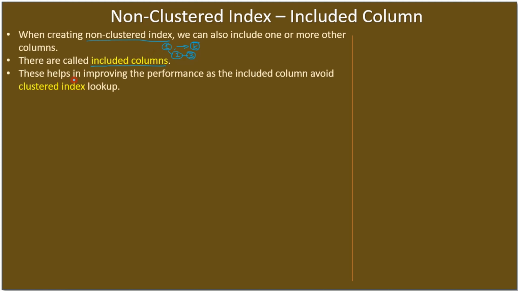This included column helps in improving the performance, as the included column avoids clustered index lookup, because it's included with the non-clustered index column. The clustered index lookup can be avoided by means of these included columns.